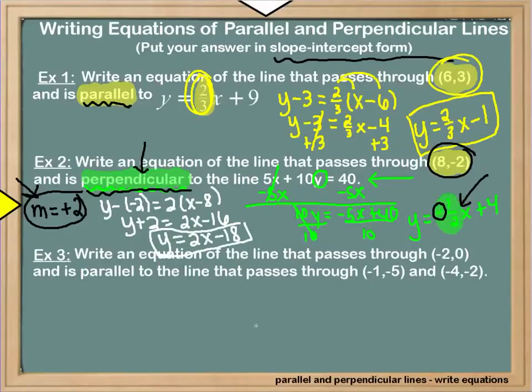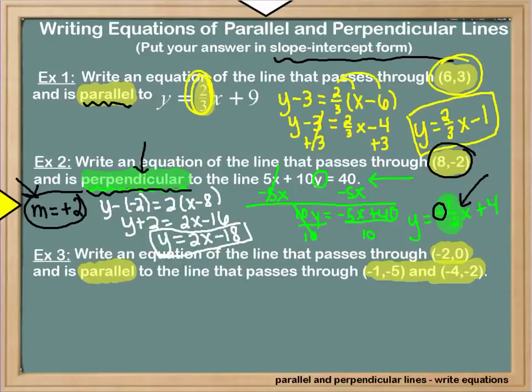Example 3, once again, be careful in the wording. We're writing the equation of a line that passes through (-2, 0) and is parallel, once again, to the line that passes through the points (-1, 5) and (-4, -2). So let's find our slope to help us out here.